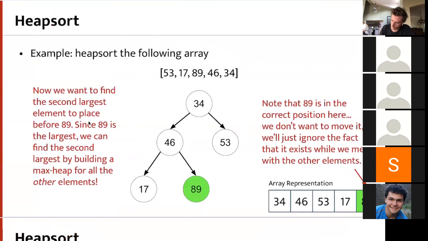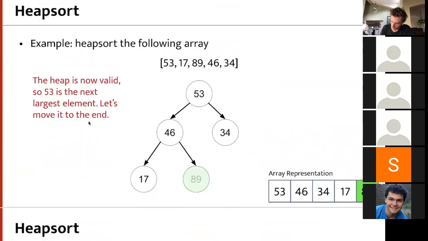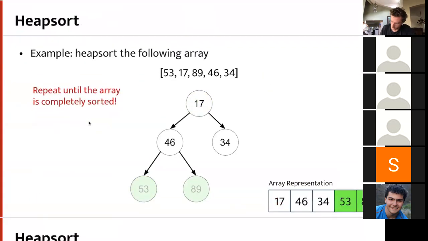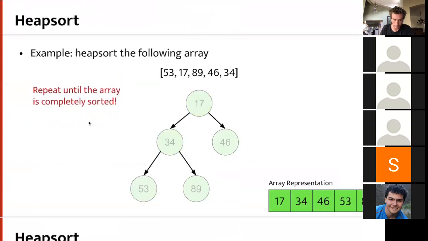But now the tree ends here instead of at the end, right? So this is just the same process for all of these, right? We're fixing places in the array, and we're maintaining the heap property in between.